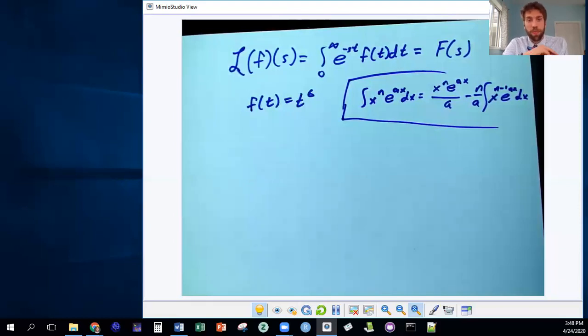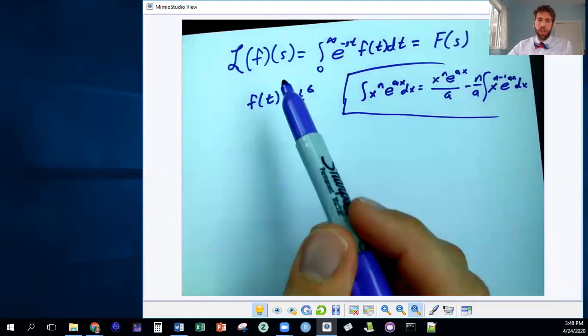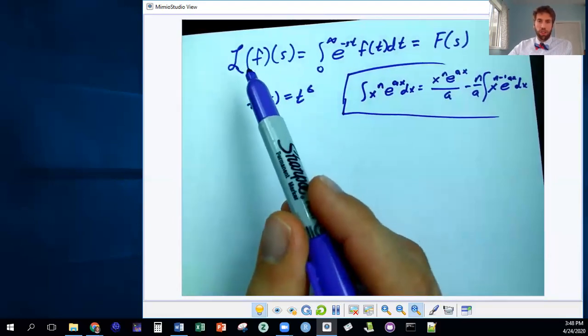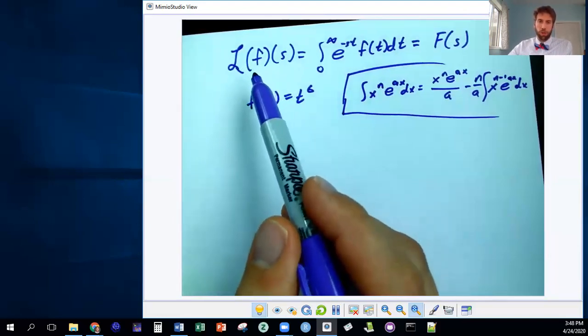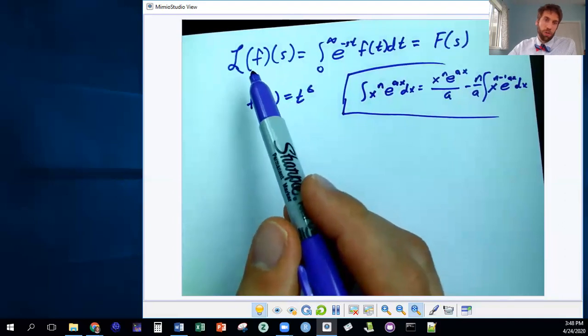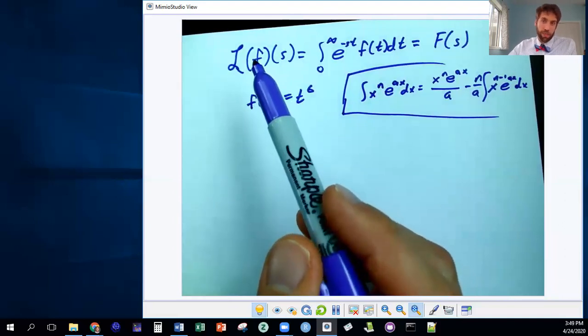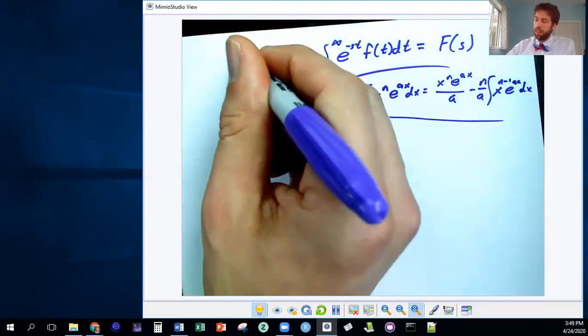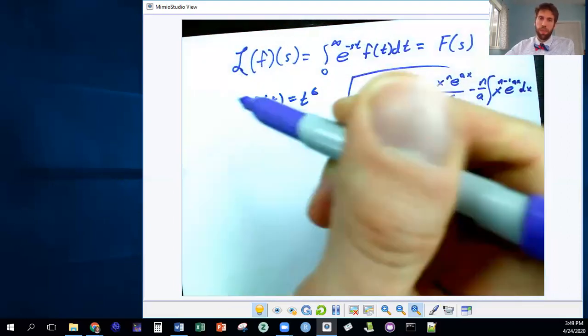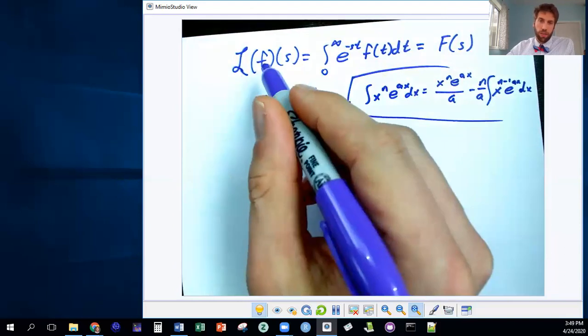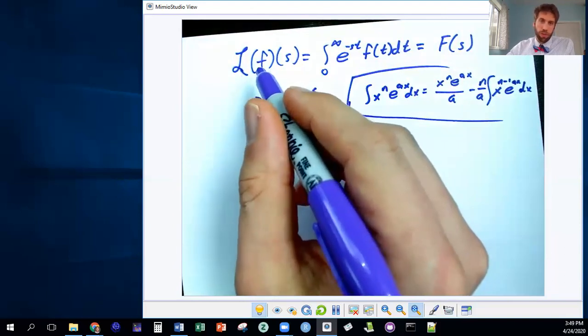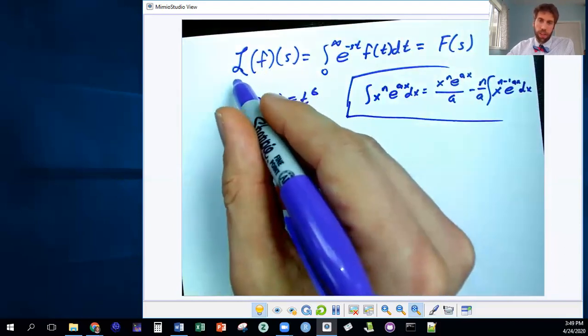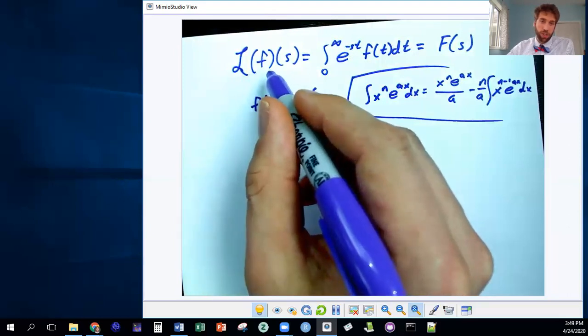So here we go. On the top here, I've got the definition of the Laplace transform. You really need to keep track of what placeholders are here. The Laplace transform, which I write as a fancy L, of f. This thing, fancy L of f, that's the new function.